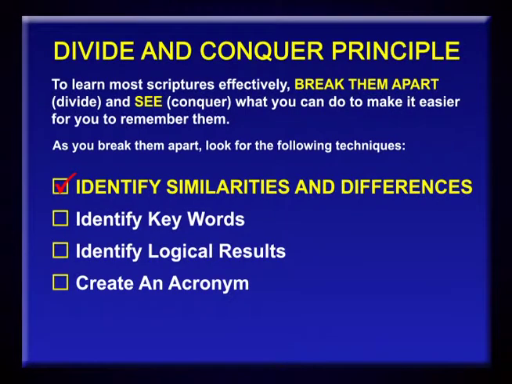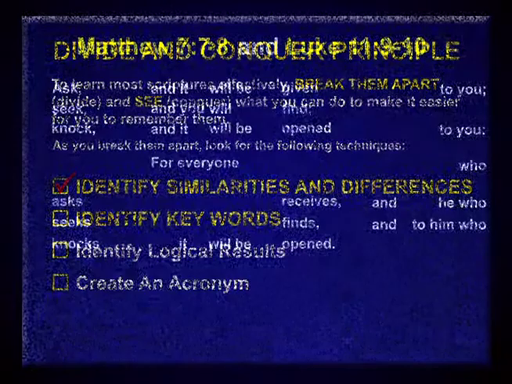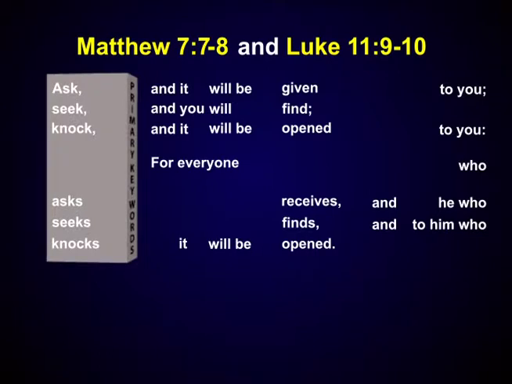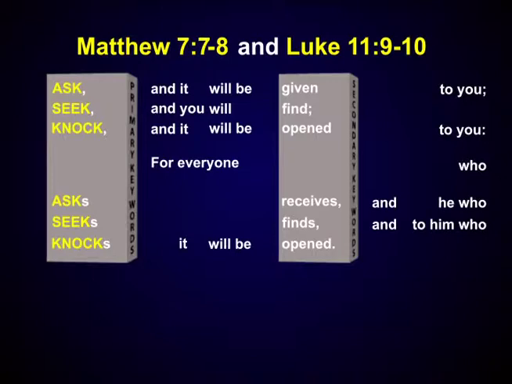Once you have identified similarities and differences, you can use them to identify primary and secondary keywords. For example, the primary keywords in this passage are ask, seek, and knock that are highlighted in bold and in all caps. And the secondary keywords are give, receive, find, and open that are highlighted in bold.